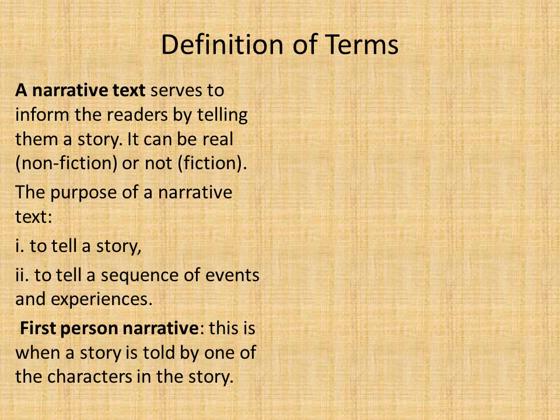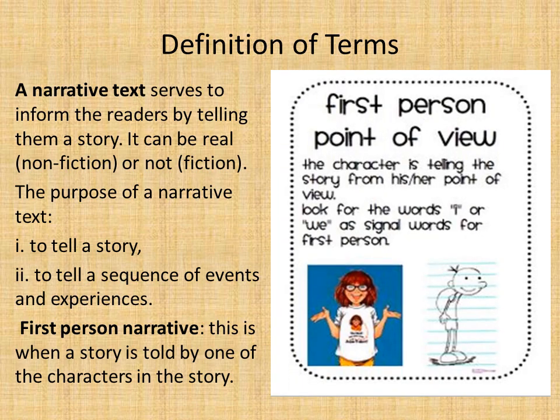In Treasure Island, Jimmy is the narrator. So in the first person point of view, the character is telling the story from his or her own point of view. Very important: the words that signal first person narrative are the first person pronouns, I, we, me, us. So look for the words I or we as signal words for first person narrative.